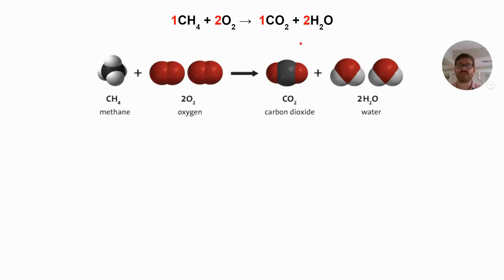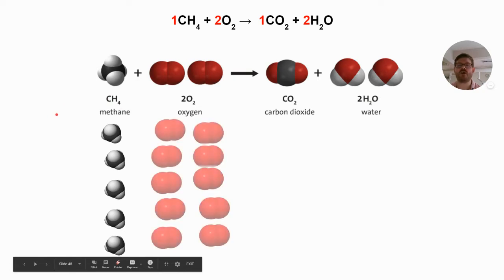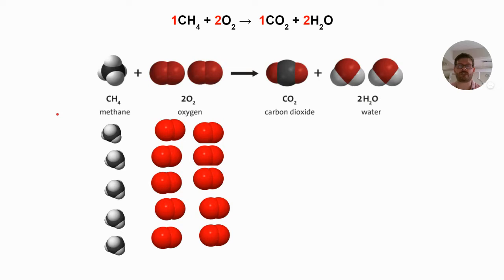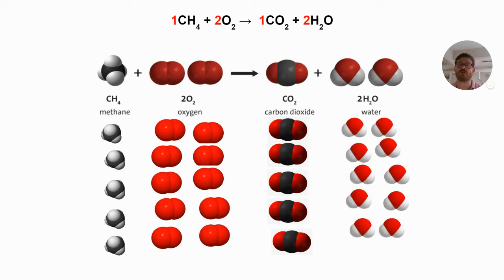We could expand this and pretend we had maybe 5 methane molecules. Well, this is a 1-to-2 ratio. So if we have 5 methane molecules here, we need to have 10 oxygen molecules to make this reaction complete. That's going to produce 5 carbon dioxide molecules and 10 water molecules.